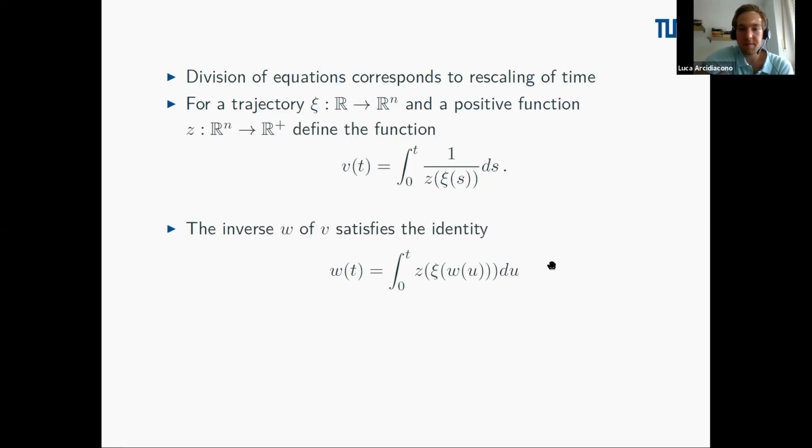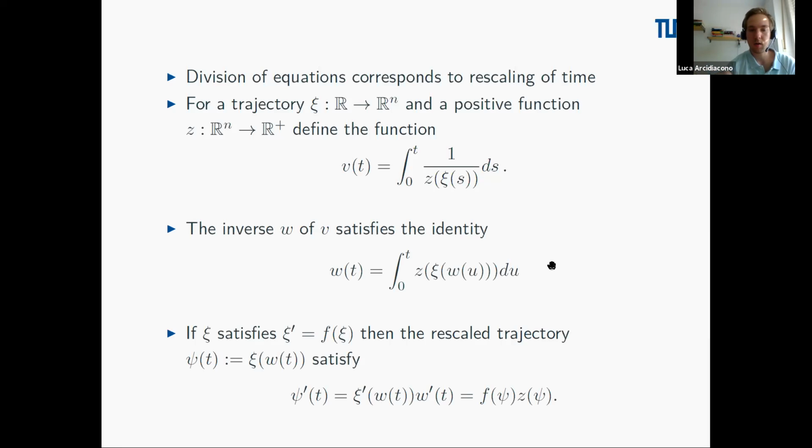This function is monotone and has an inverse, and the inverse satisfies likewise a similar integral identity. Using this mapping W, we can now define a reparameterized version of the trajectories of our equation x prime equal to f of x.